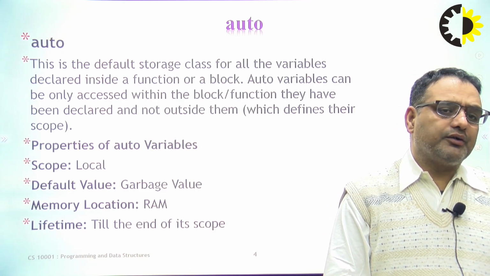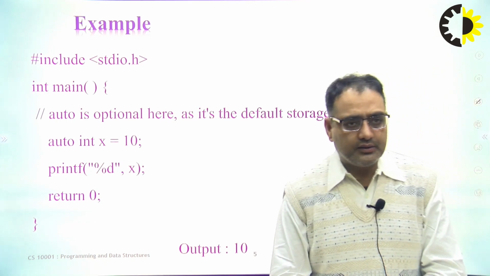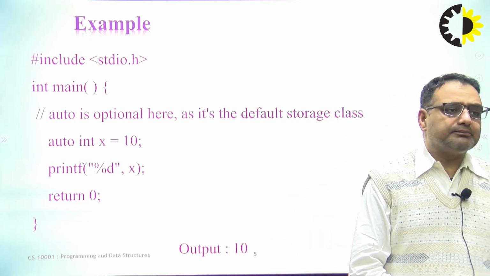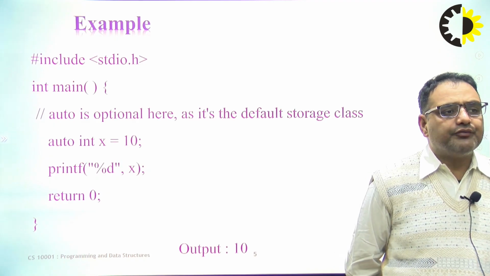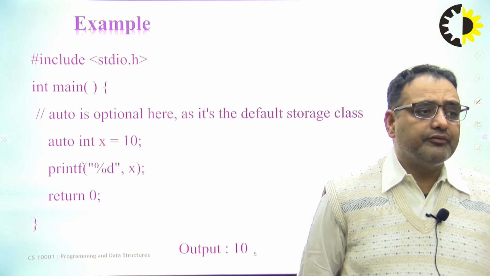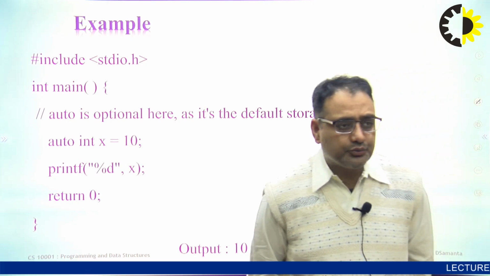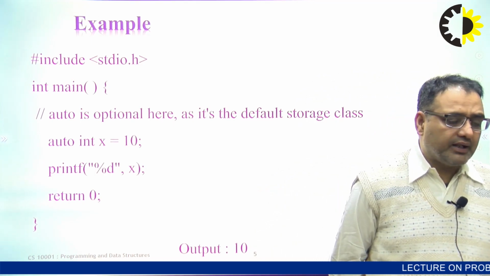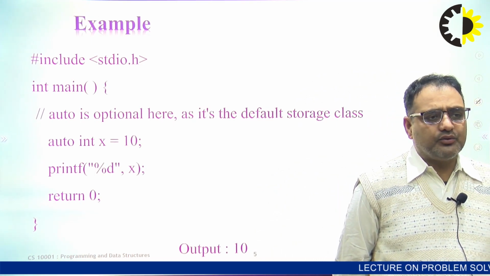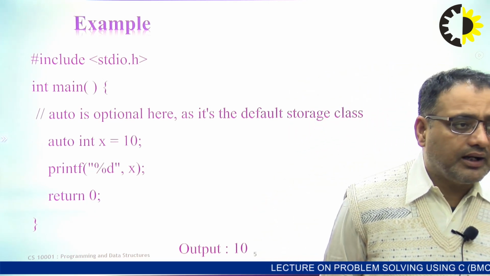By default, you can better understand this concept through the example. In this example, main is a function in which we are declaring a variable x. We initialize this variable x with the value of 10, and we print the value of x. So auto is optional.